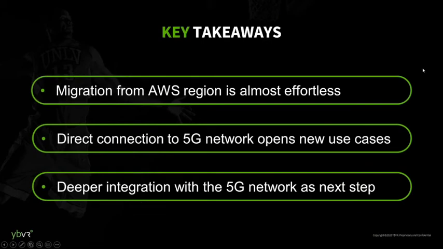So those are the main architectural use cases, and we have 3 main key takeaways that we wanted to discuss. First of all, the migration from using the AWS region to a Wavelength Zone is almost effortless. For us, we had the advantage that our entire backend was already running on a standard AWS region.